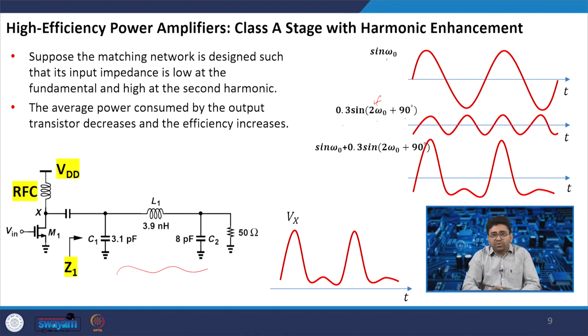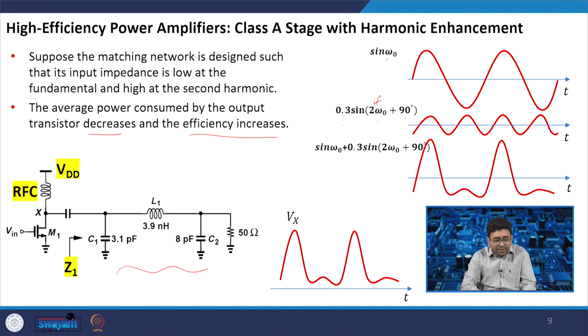What we are trying to do is make it more digital instead of analog, the way we have done in the class A amplifier. So here the average power consumed by the output transistor decreases and the efficiency increases. That is why this kind of method is used to improve the efficiency of the power amplifier.